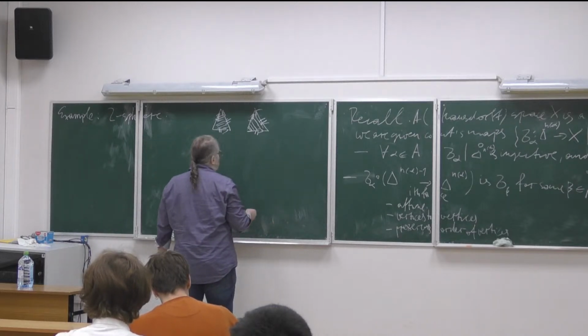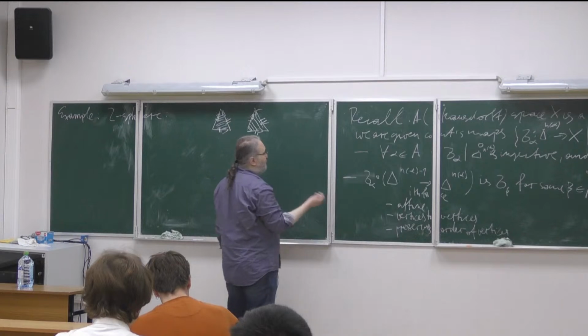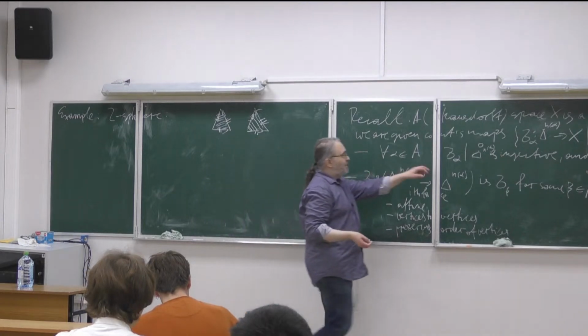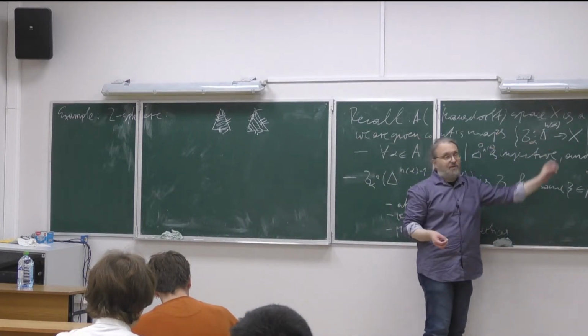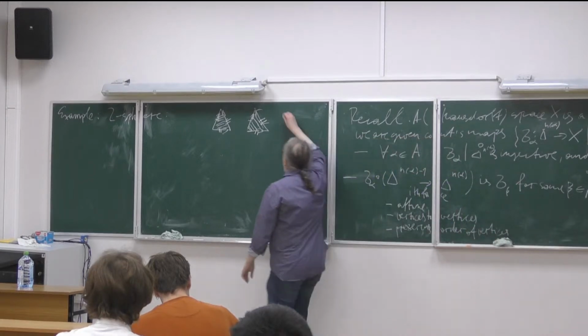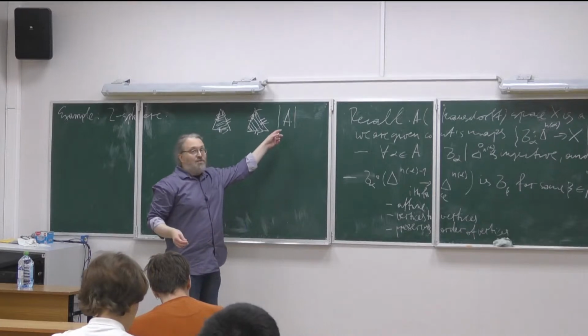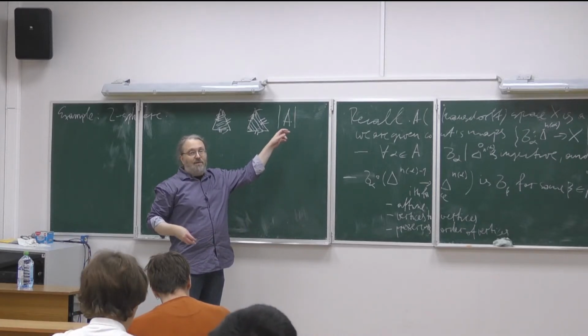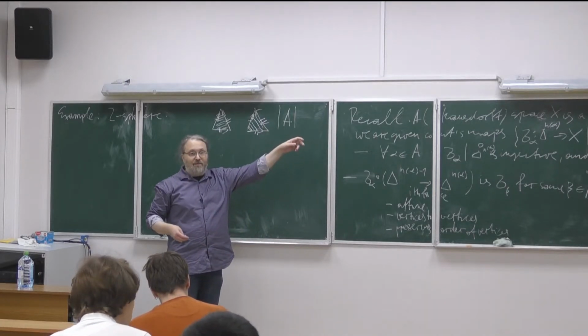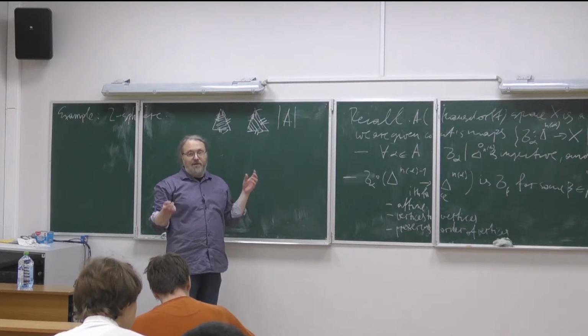And then we have a delta structure. How many elements will there be in A? In other words, how many simplices do we have altogether?